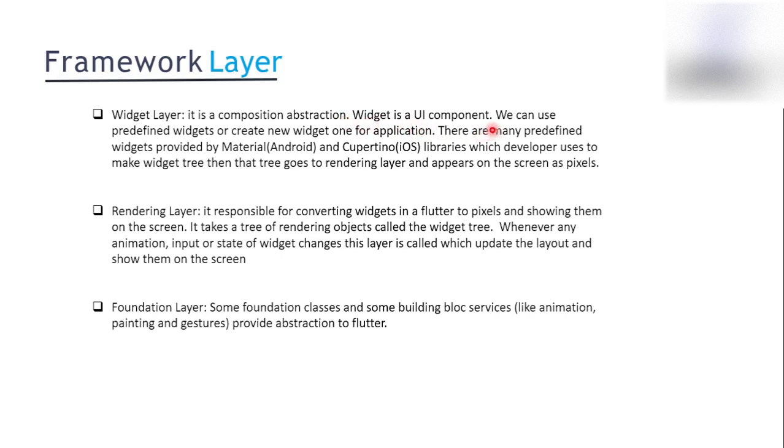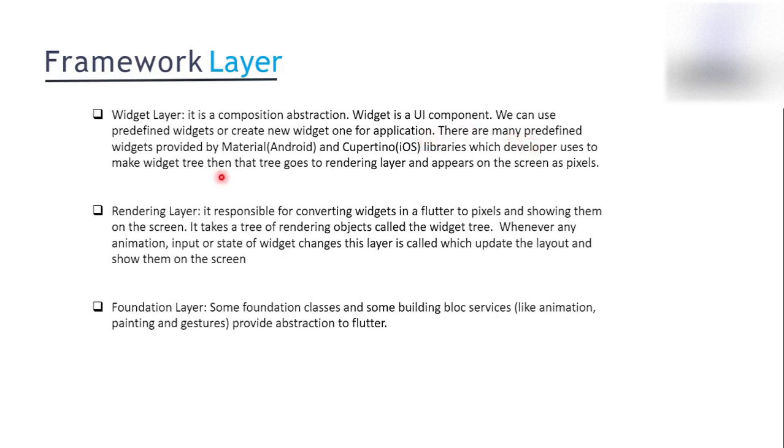A widget is a UI component, as we know. So everything we want to show on the screen is a widget. We can use a predefined widget or create a new widget for our application.